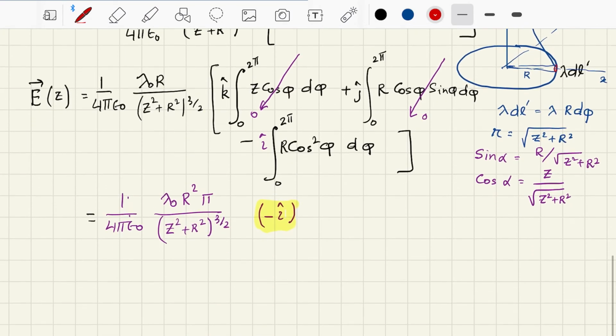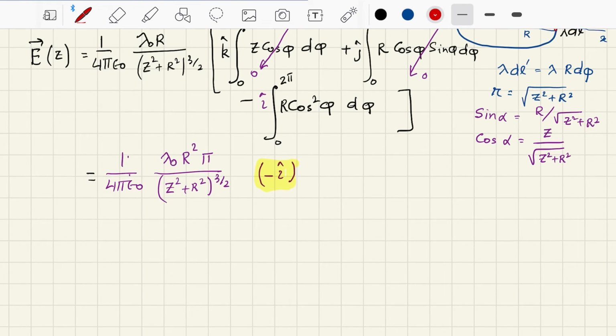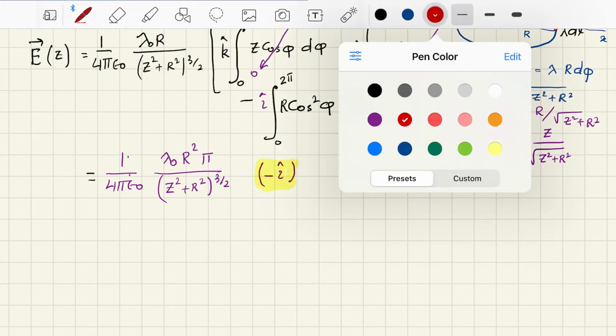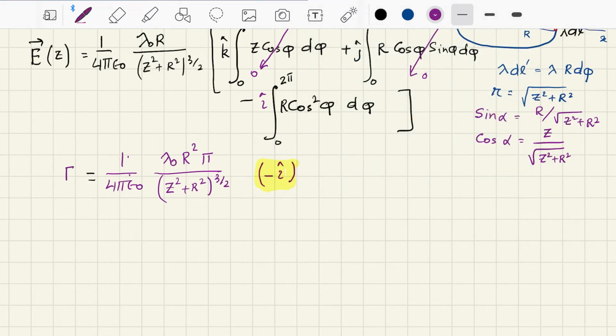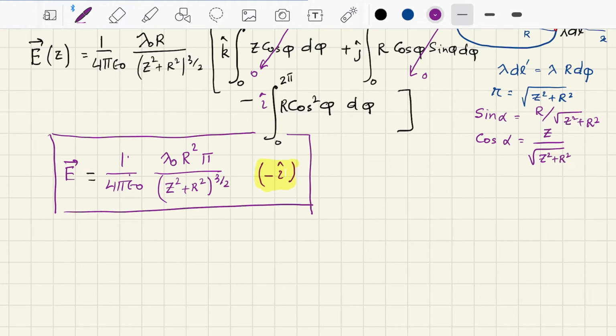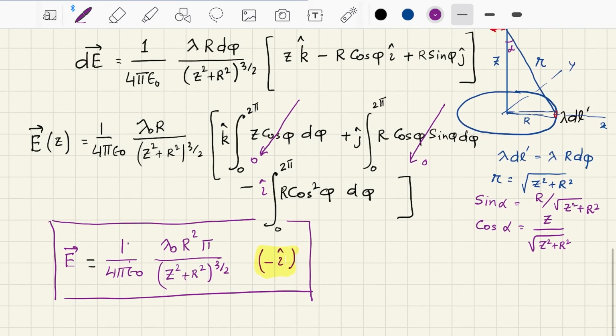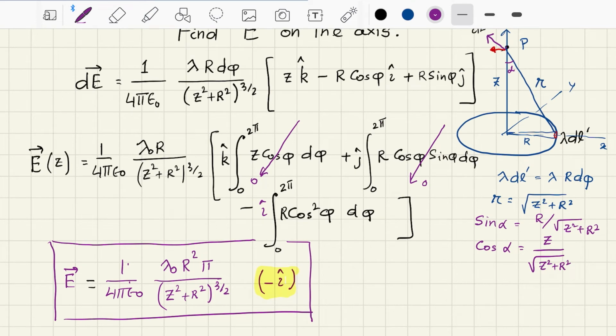Okay, so that is the answer, but we need to discuss this answer. Let me write it down as the answer for z. So could I have anticipated this answer right from the beginning?